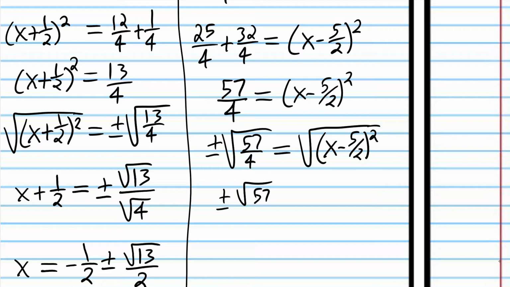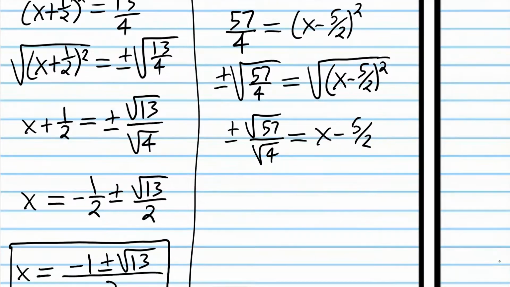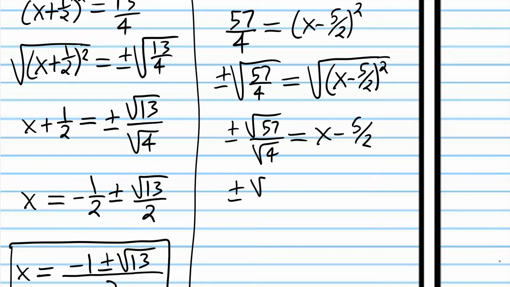And remember, you can use that principle where you square root the numerator and the denominator. So we have plus or minus square root 57 over 2.